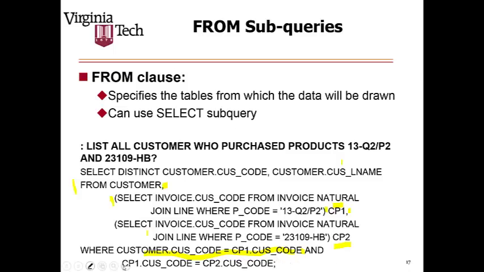And then this join, where CP1 customer code equals CP2 customer code, finds the cases where the same customer purchased those two different products. So you can see that the subquery is a very, very useful idea.